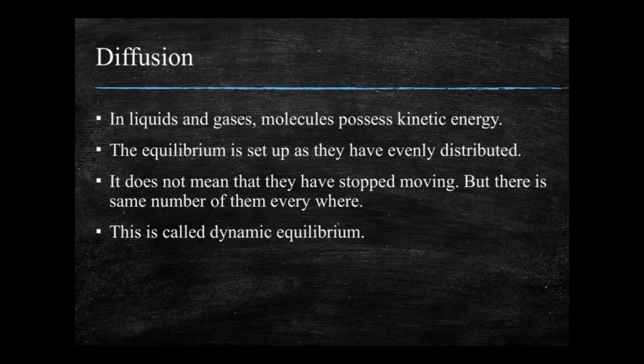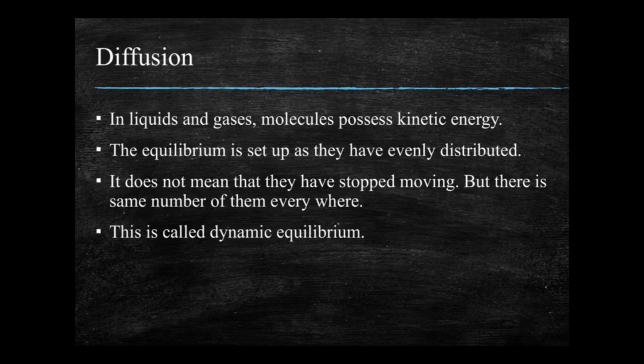But it does not mean that they have stopped moving. Why haven't they stopped moving? It's because the kinetic energy is always present in the molecules. So they will not stop moving. Instead, there will be the same number of them everywhere. This sort of equilibrium is known as dynamic equilibrium.